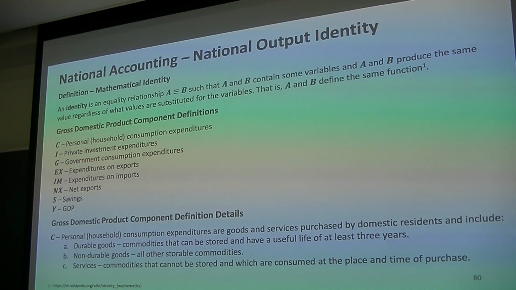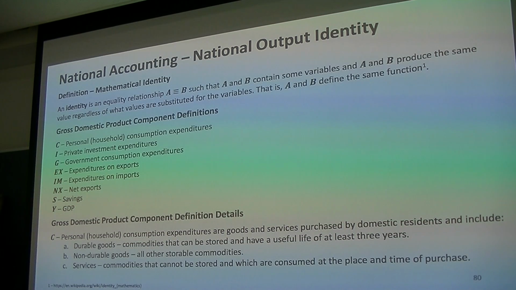The main components are personal income, private investment, government expenditure, expenditures on exports, imports, net exports, and savings.